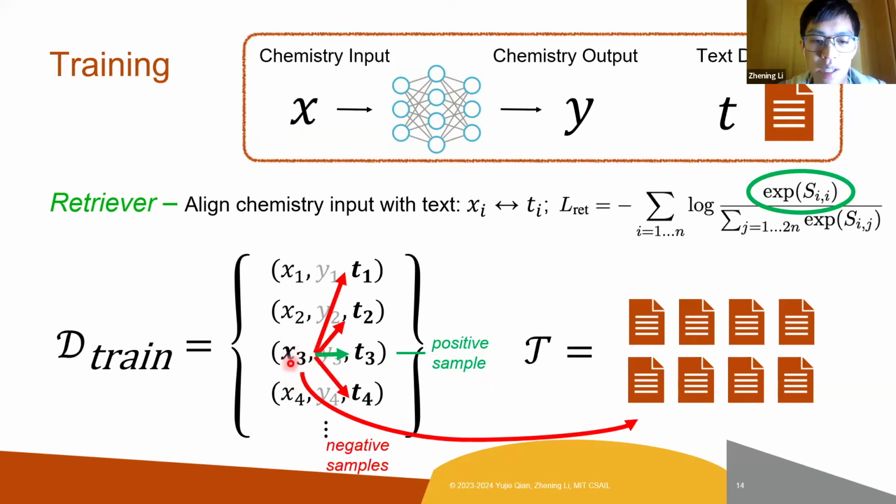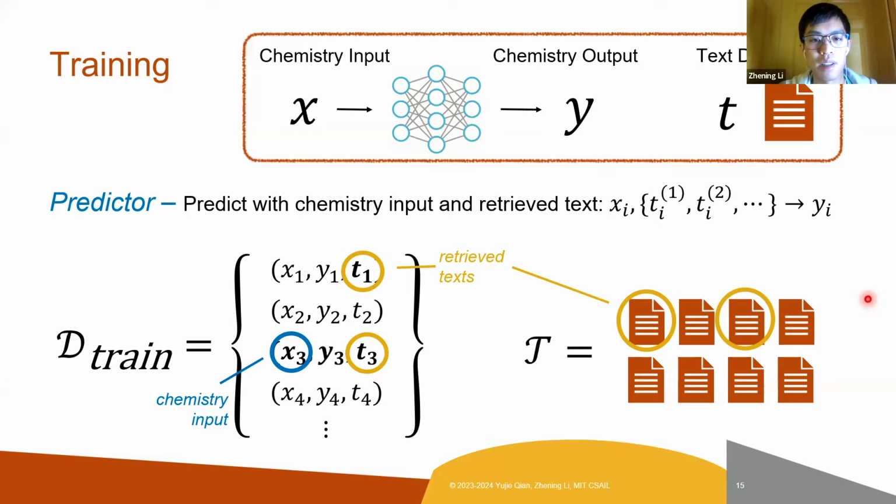And this includes all pairs between this input chemistry as well as the entire unlabeled text corpus. So as a recap, the positive sample similarity goes into the top of the numerator in the loss. Everything else goes into the bottom. And minimizing the loss will allow us to align the chemistry and the text embedding spaces so that we will expect similar vectors to be semantically similar.